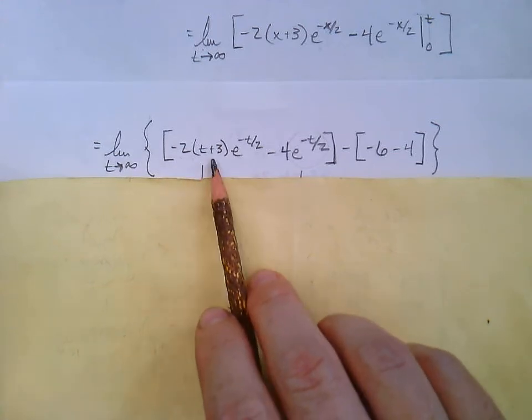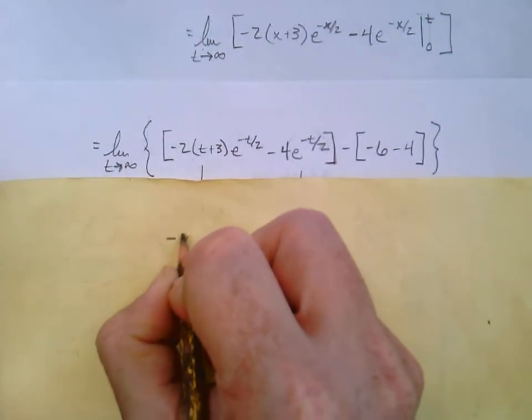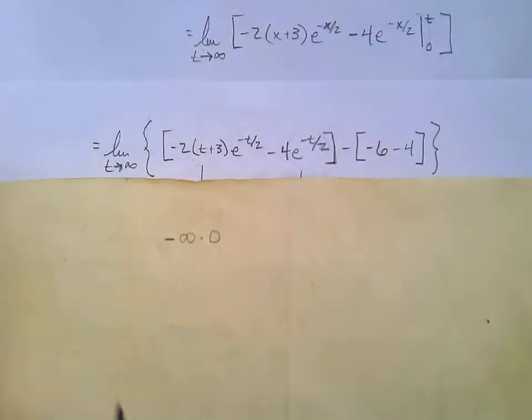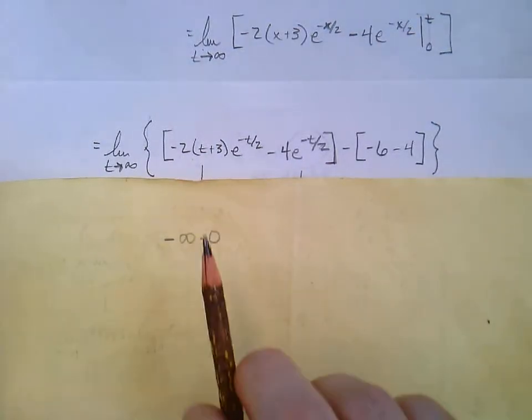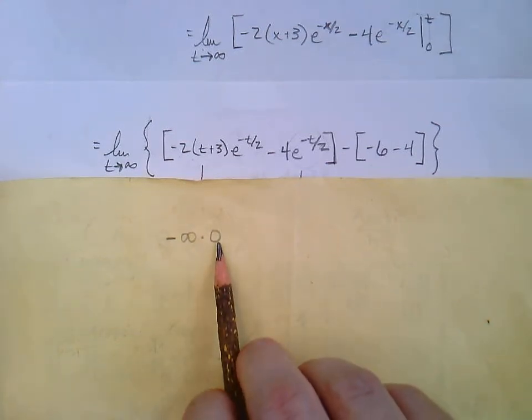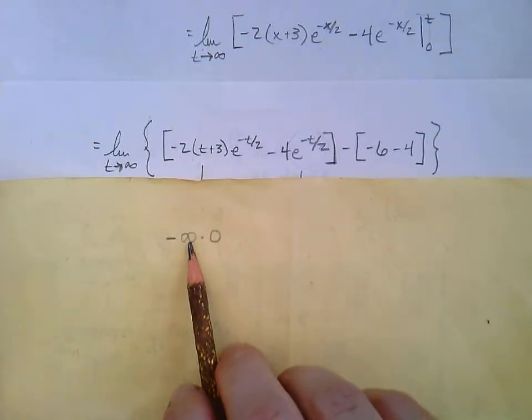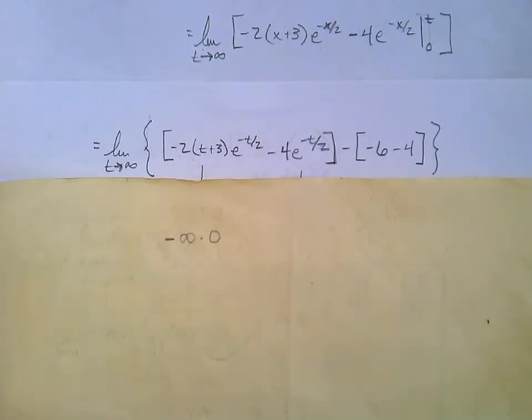So we would have negative infinity times 0. Now we write this, but the reality is we're approaching 0. It never actually gets to 0. It only gets closer to 0. And this is approaching negative infinity, and of course you can never actually reach it.